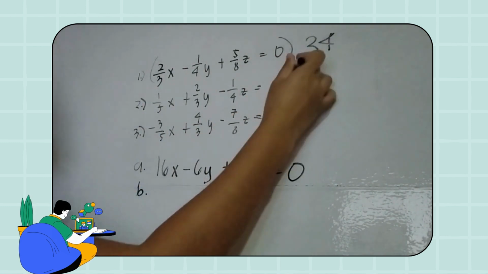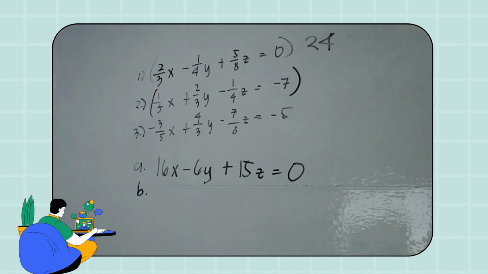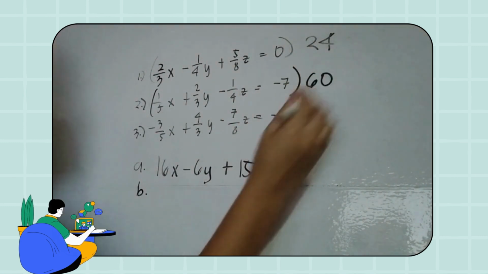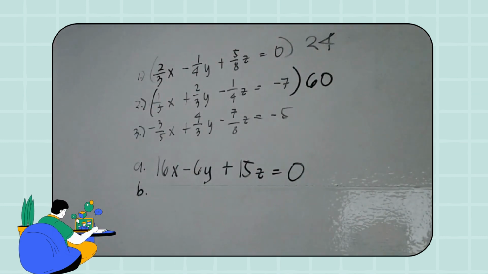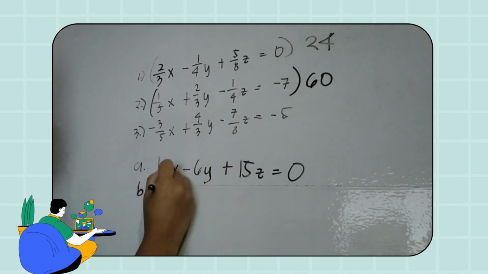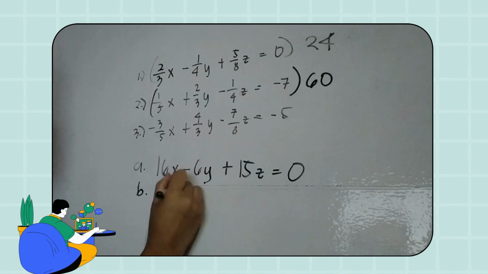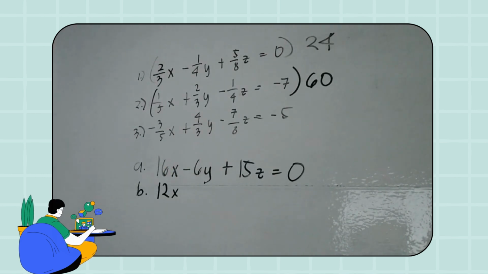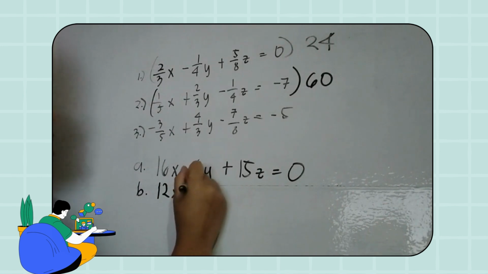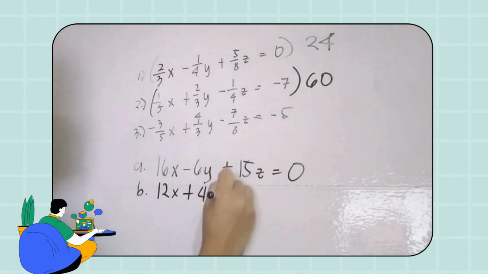For the next one, we will label it as our equation B: 1/5 x plus 2/3 y minus 1/4 z has the least common denominator of 60. So 60 divided by 5 is 12 times 1, we have 12x. 60 divided by 3 is 20 times 2, here 40y.